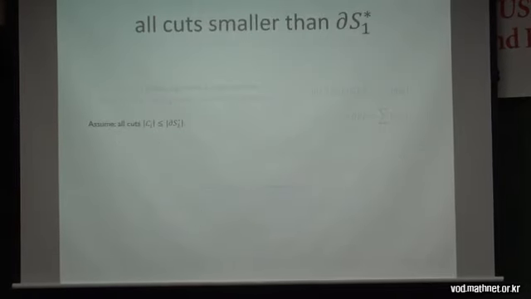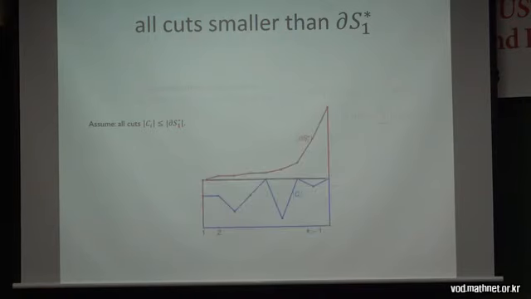This assumption gives us a very nice curve. In this picture, the black horizontal line indicates the size of partial S1 star, and the blue curve indicates the size of Ci. We assume that the blue curve is always below this horizontal line.